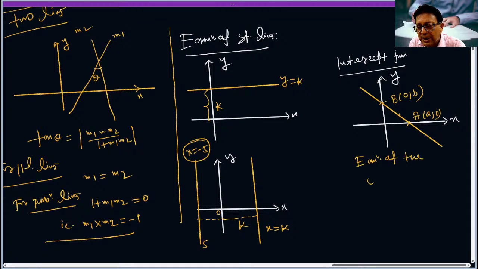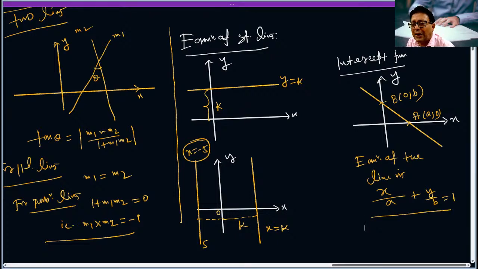Then equation of the line is x by A plus y by B equal to 1. And in this case, what is the area of this triangle? Sometimes question arises in terms of area also. What is the area of this portion? Area of OAB equal to half AB. Okay.